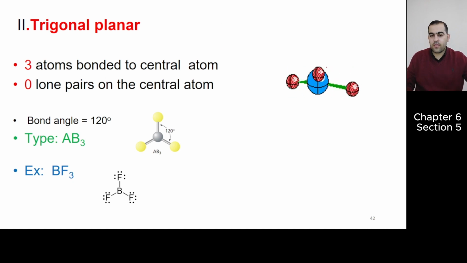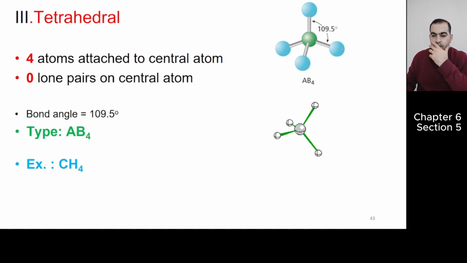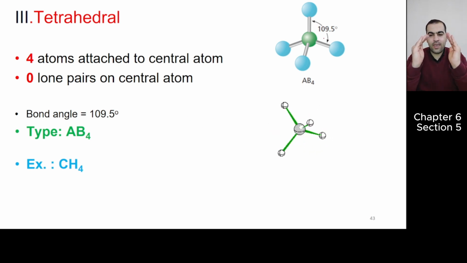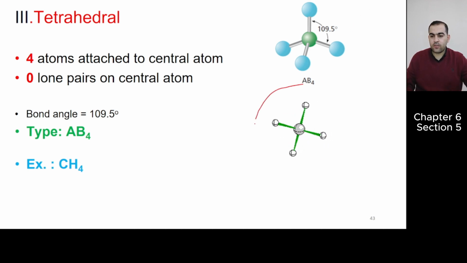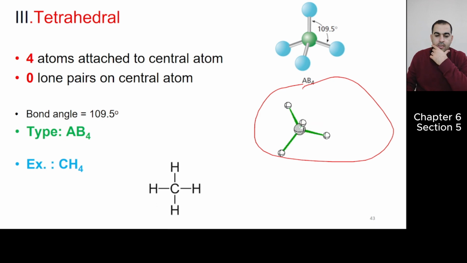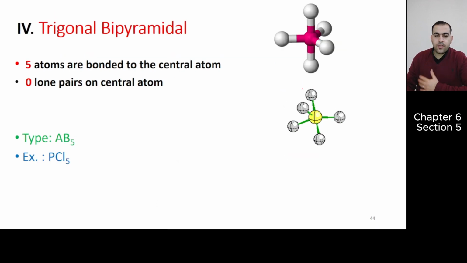Here, look, in 3D. Okay, tetrahedral, and the bond angle in tetrahedral is 109.5 degrees. Look at their shape when it's tetrahedral. Okay, example CH4, we talked about them.